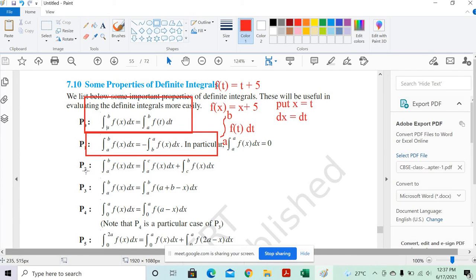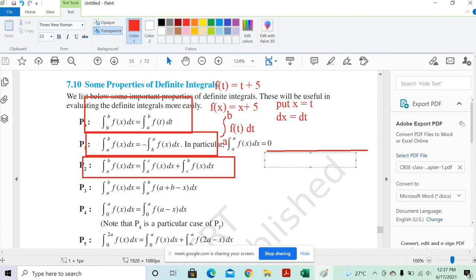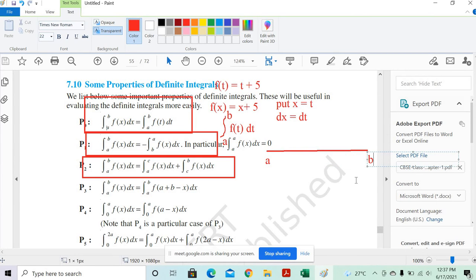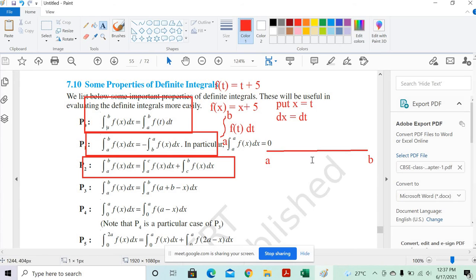Third property says that when you apply the limit a to b of f of x dx, in between a and b you have c. Let's say this is a, this part is b, and in between you have something, c.